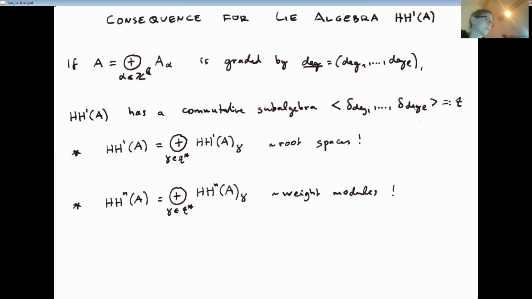But so just some degree derivations obtained from such a Z to the L grading, and this is a commutative subalgebra inside this Lie algebra HH1.